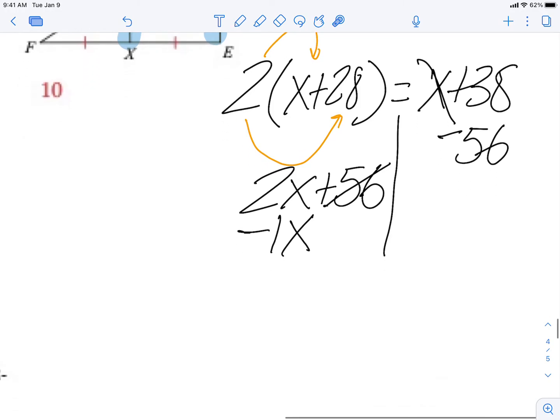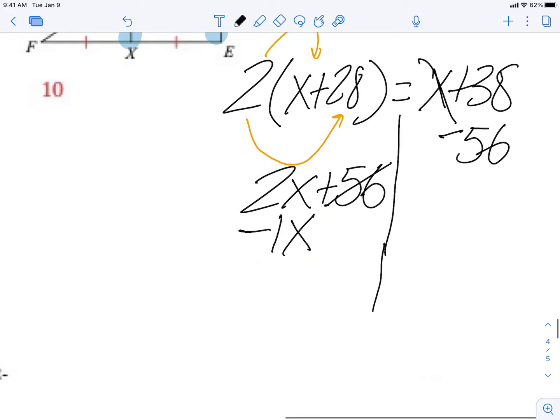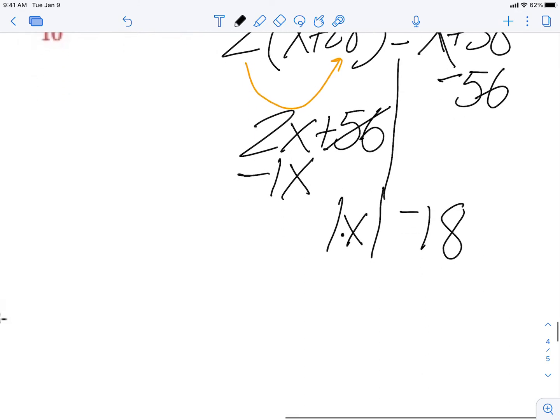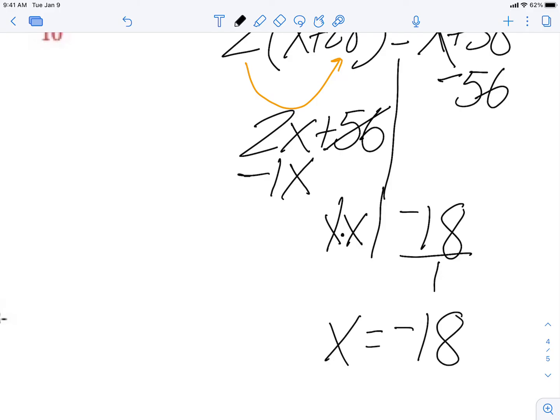So I get 2x minus 1x is just 1x. And a positive 38 and a negative 56 is a negative 18. Okay, and the opposite of multiplying by 1 is dividing by 1, so I get x is equal to negative 18.